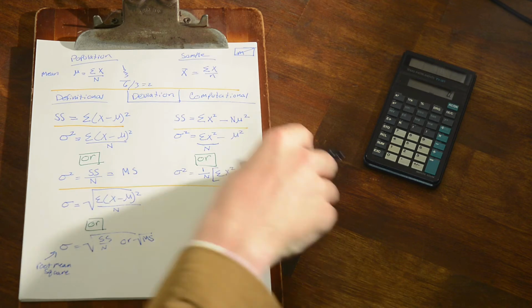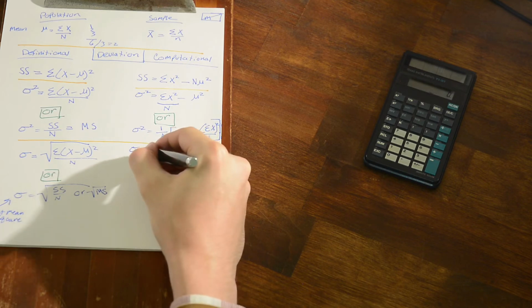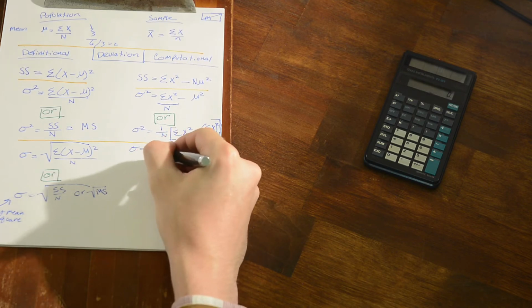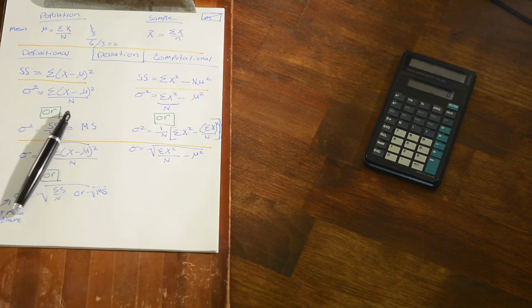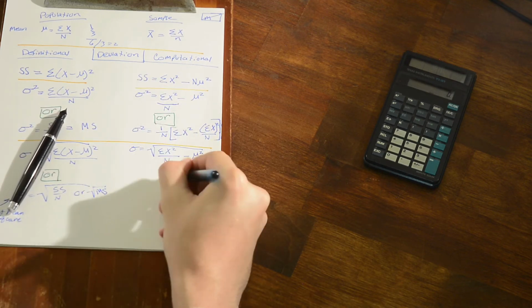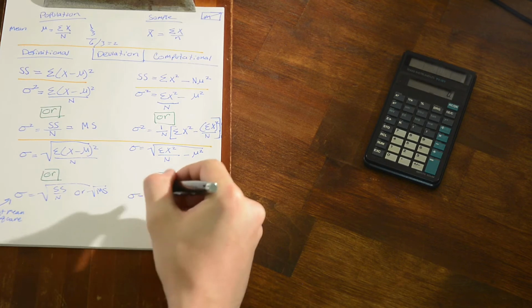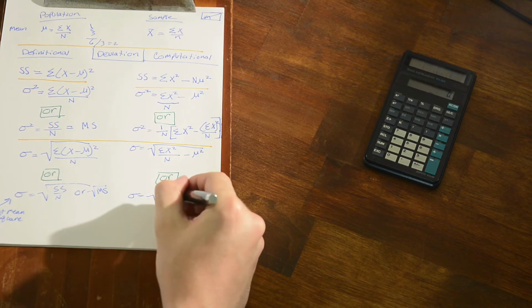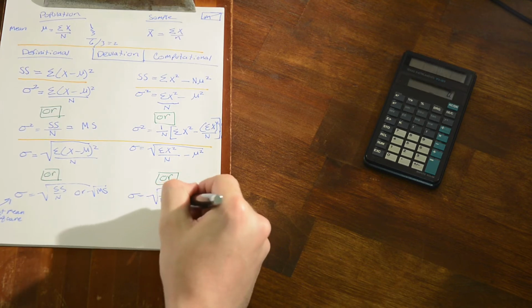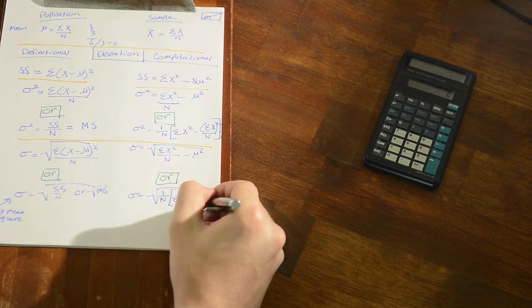Now let's go over to our computational side. We have sigma is equal to the square root of the sum of x squared over n minus mu squared, or going back to our alternate formula, we have sigma is equal to the square root of 1 over n times the sum of x squared minus the sum of x squared over n.